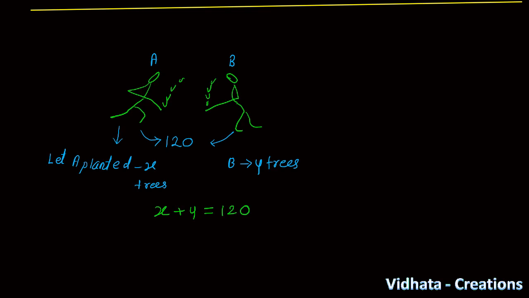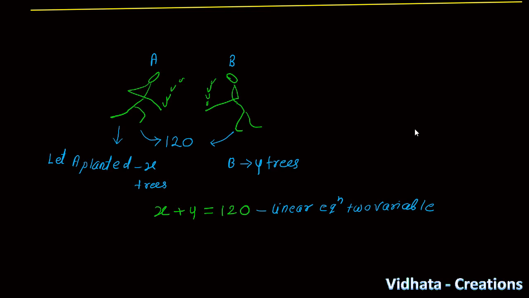This is called a linear equation in two variables because it contains two variables. Sometimes it is also called a simultaneous equation, because simultaneously, at a time, two variables are present in the equation.